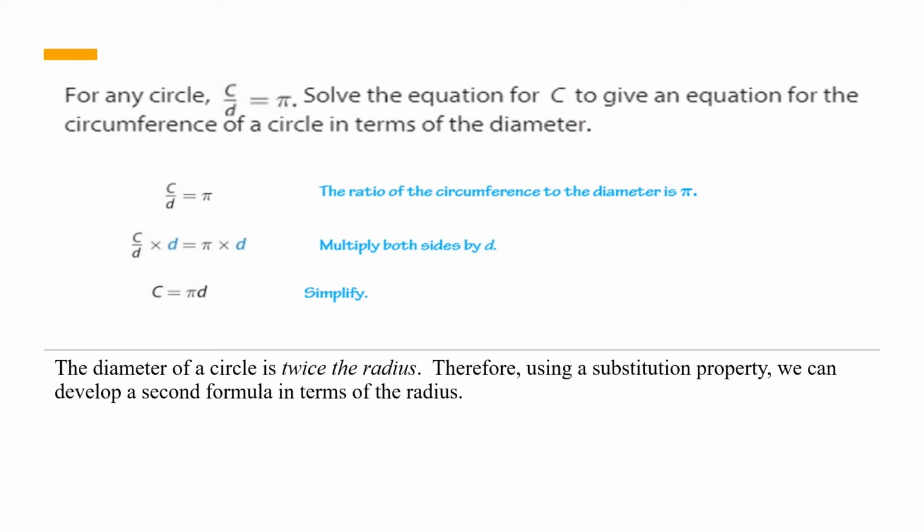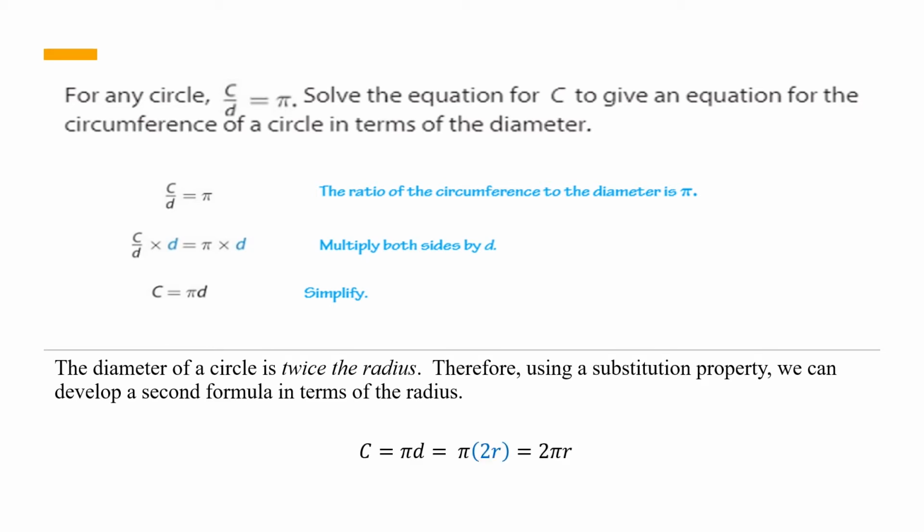Remember, the diameter of a circle is always twice the radius. So if the radius is 5, the diameter is 10. Therefore, if we use a substitution property, we can develop a second formula in terms of the radius. So the first one we developed is in terms of our diameter, and we can develop another one in terms of our radius.